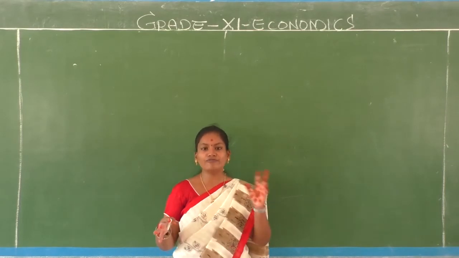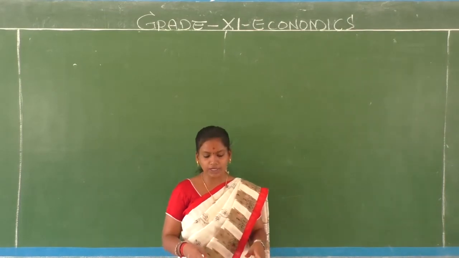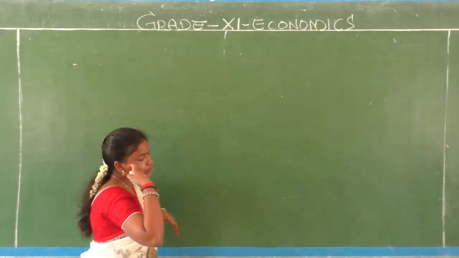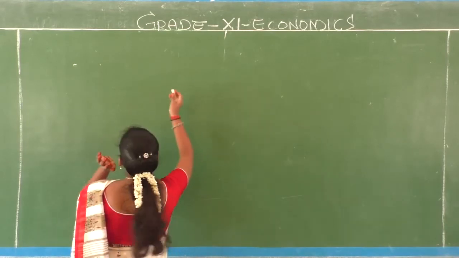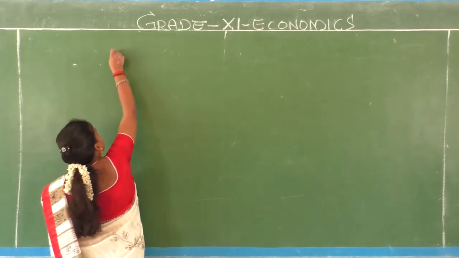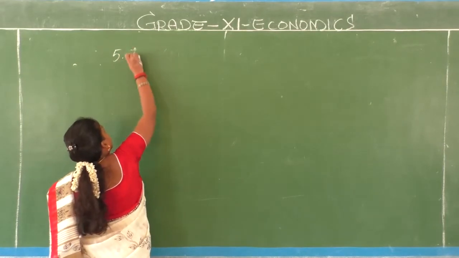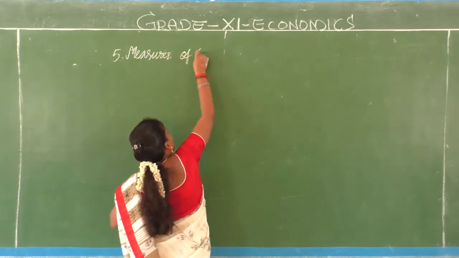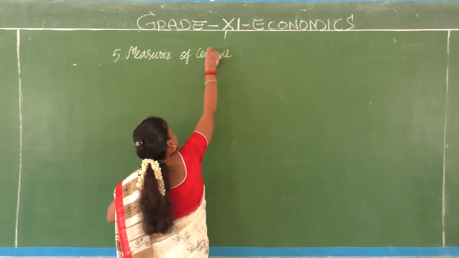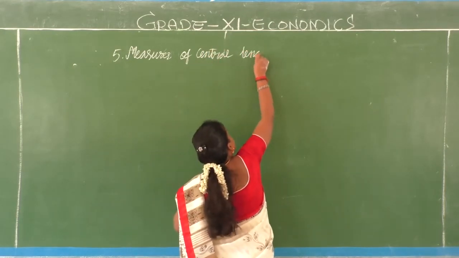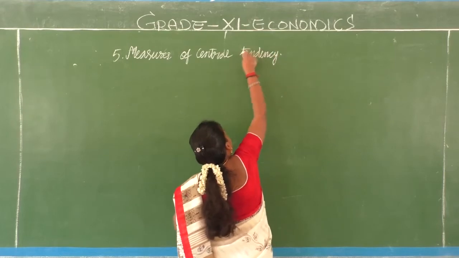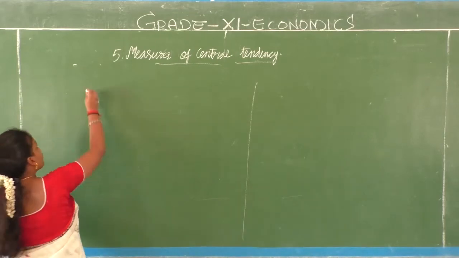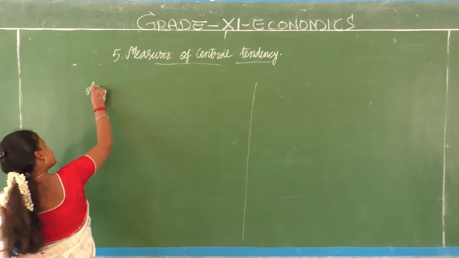Okay, so we have two classifications under this particular thing, calculation of arithmetic mean. We have discussed it for grouped data and ungrouped data. Right, children? So in chapter 5, the measures of central tendency, we spoke about arithmetic mean, calculation of arithmetic mean.